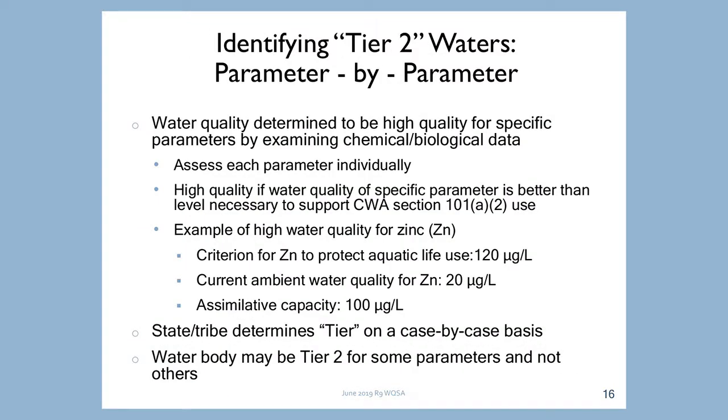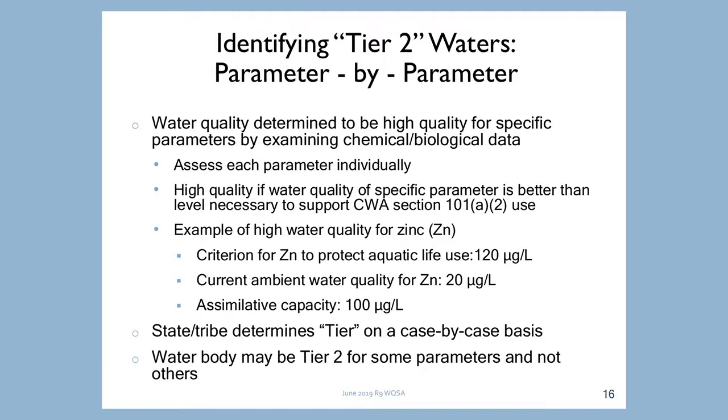A parameter by parameter basis is not done up front. It's generally done as needed, and it's where the water quality is determined to be high quality based on examining data on specific parameters. So you essentially assess each parameter individually, and your high quality water is where, for a specific parameter, you do your data monitoring and you figure out that the ambient is better than the criteria that would be necessary to protect the 101(a)(2) use.